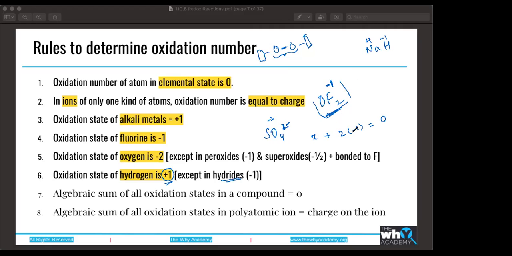Based on this, you can find out the oxidation state on oxygen in OF2. So x - 2 = 0, which means x will be equal to +2. So the oxidation state of oxygen in OF2 will be +2.